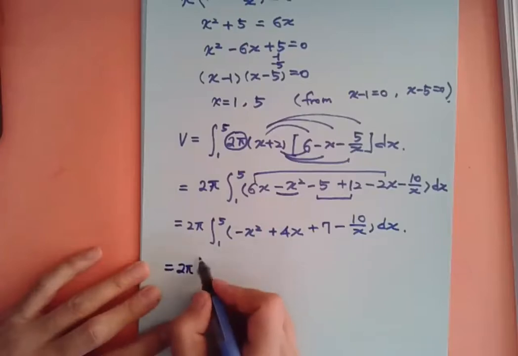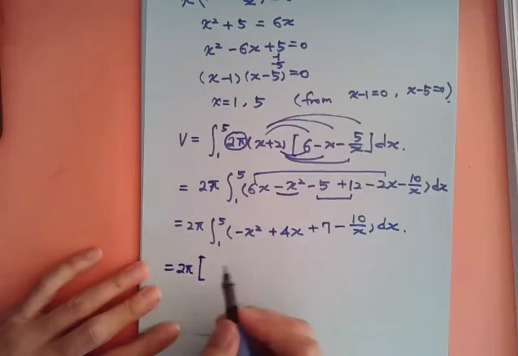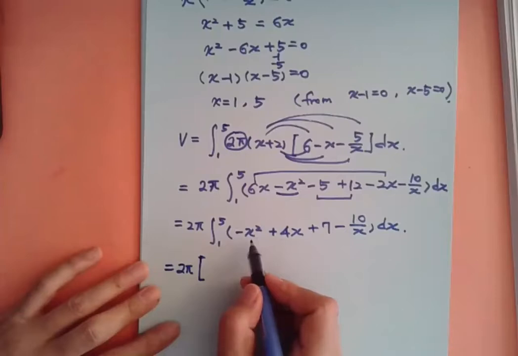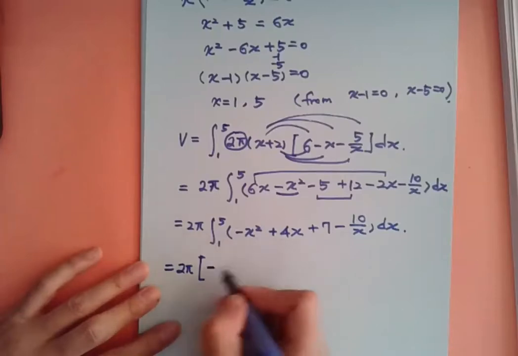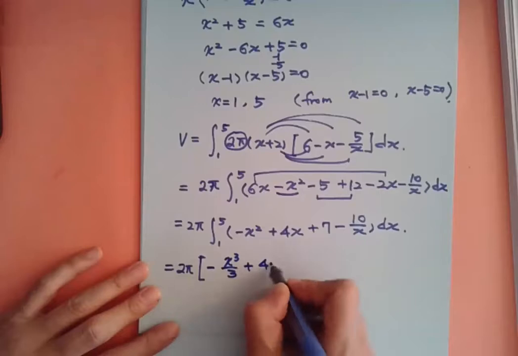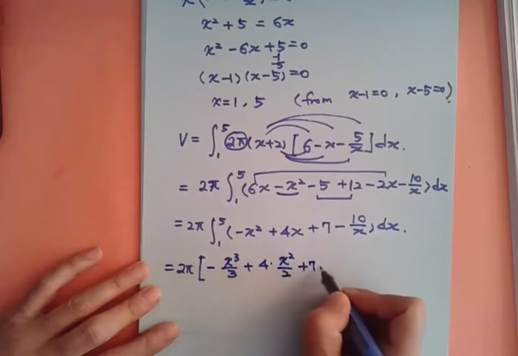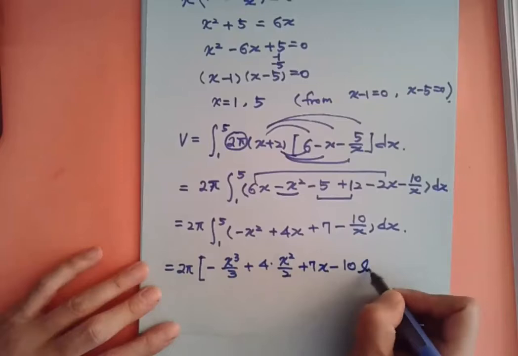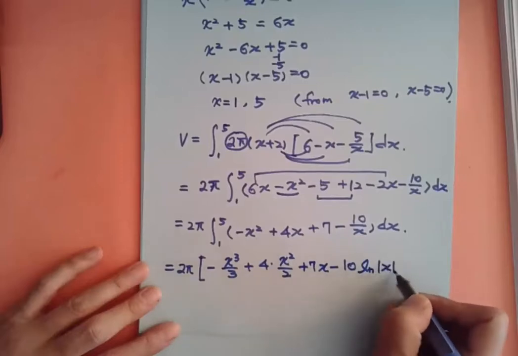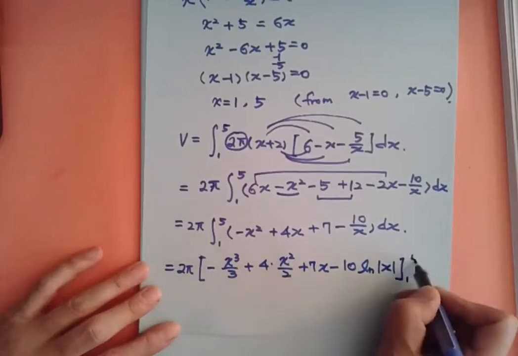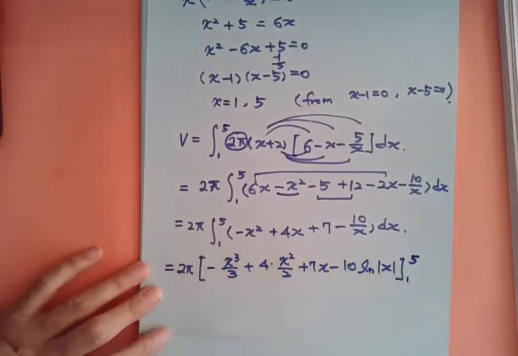So 2 pi, and we do term by term integration. Then that is minus x cubed over 3 plus 4 times x squared over 2 plus 7x minus 10 natural log of the absolute value of x. Integration was from 1 to 5.